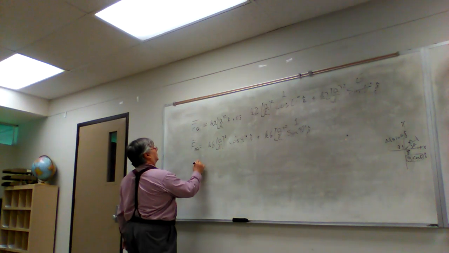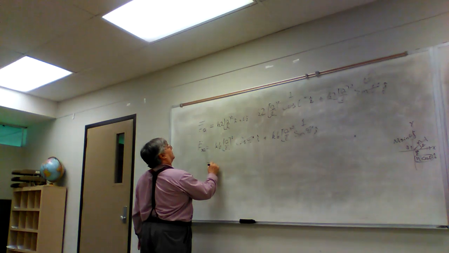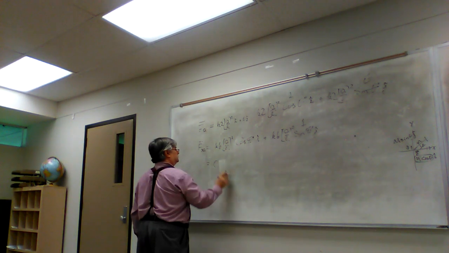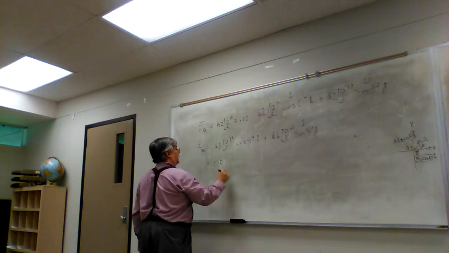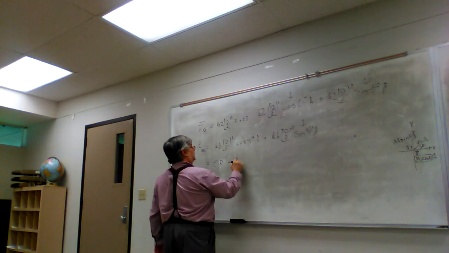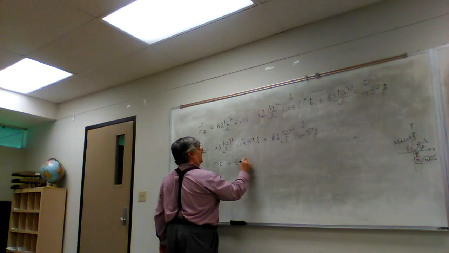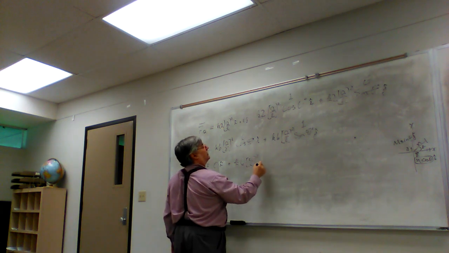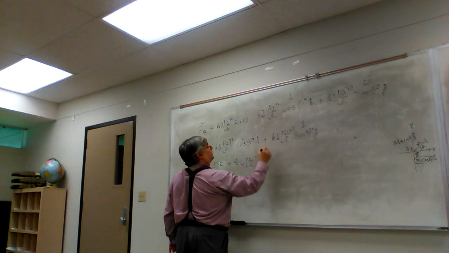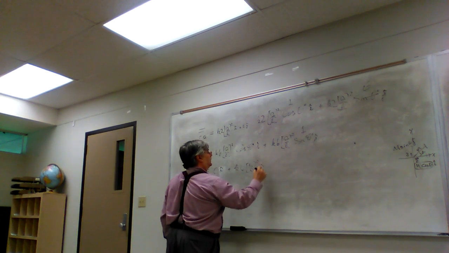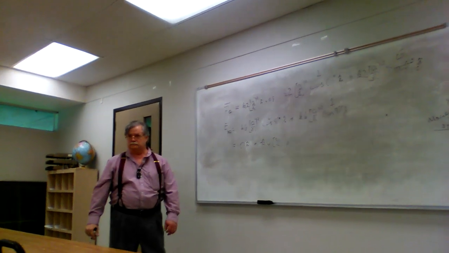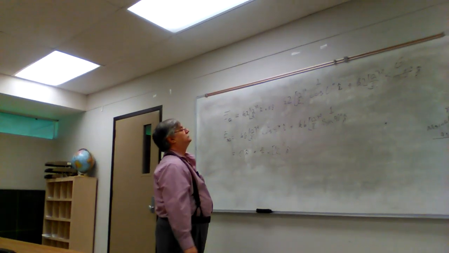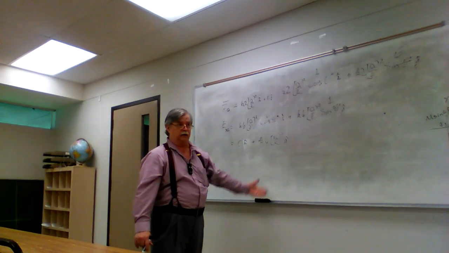So, this one becomes 0 I plus K6Q over L squared times 1 times J. All right? And we can add these two together right now.